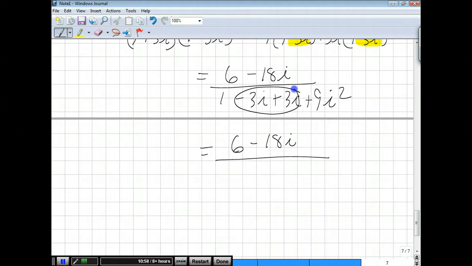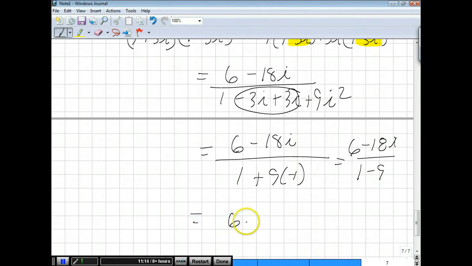Then these add up to 0. This is really 1 plus 9 times negative 1, which is really 1 minus 9. 1 minus 9 is negative 8.